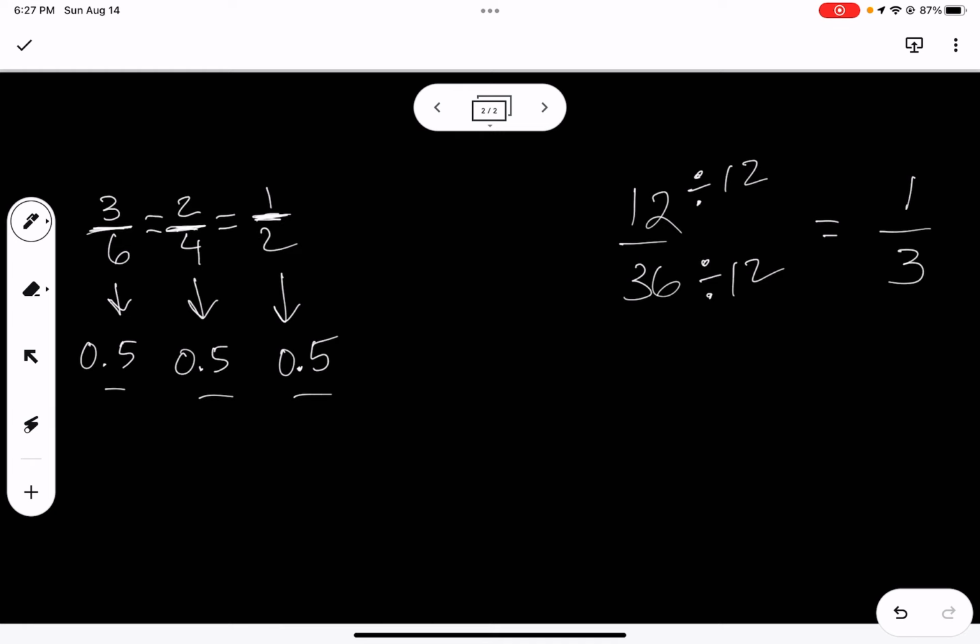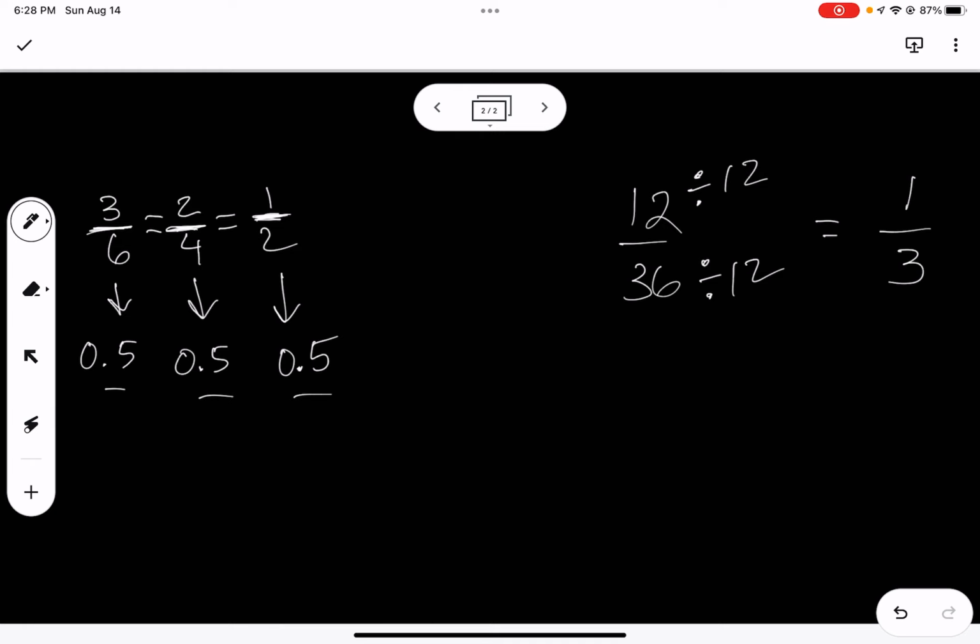Now, to test it, let's do 12 divided by 36 in your calculator, or by long division if you want to practice that. And you'll get the same thing that you get if you do 1 divided by 3 in the calculator. If you guys like, I can also put Desmos's scientific calculator in there for you.